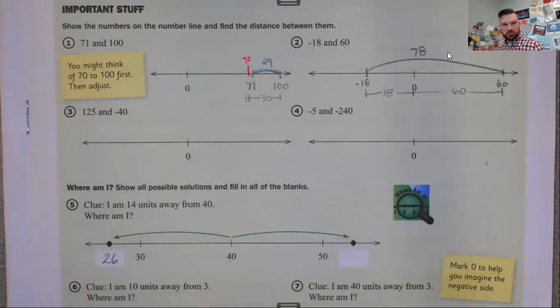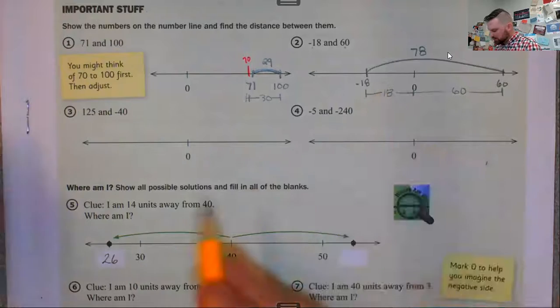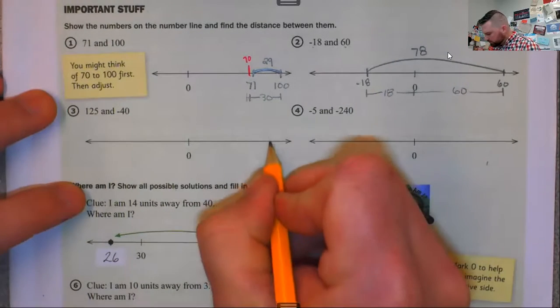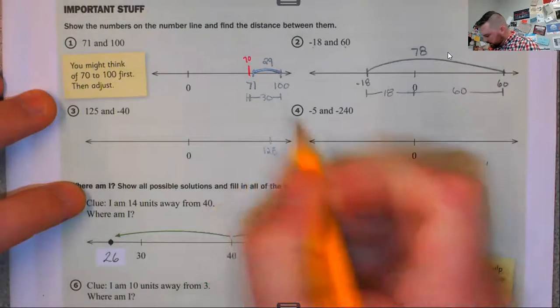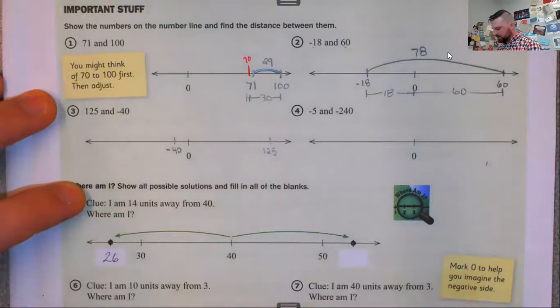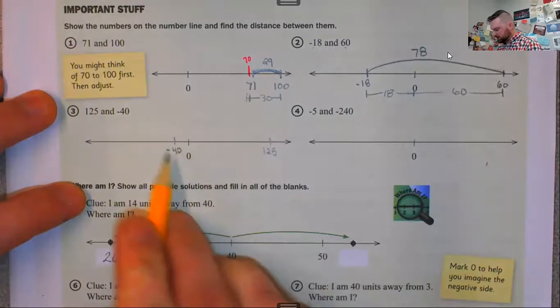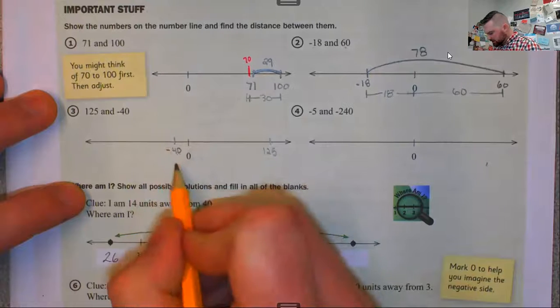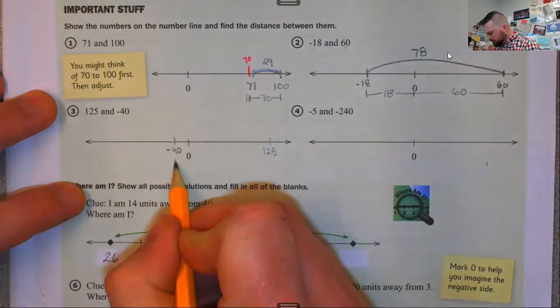Here we are at number 3, 125 and negative 40. So the same kind of concept as before. We have 125 over here, and we have negative 40 over here. Okay, now the distance here doesn't really matter, just the locations of the numbers. So I can look at the distance from negative 40 to 0, that's 40.